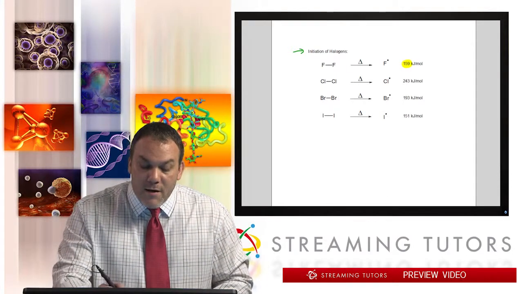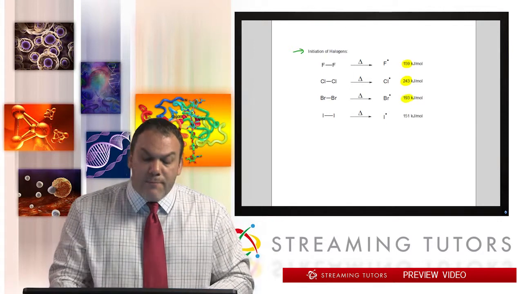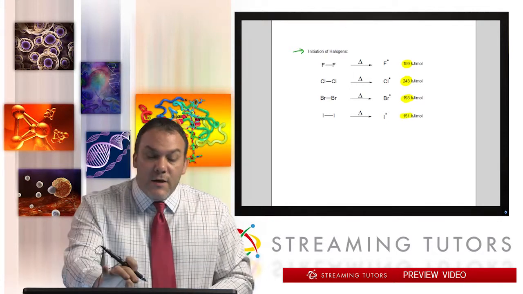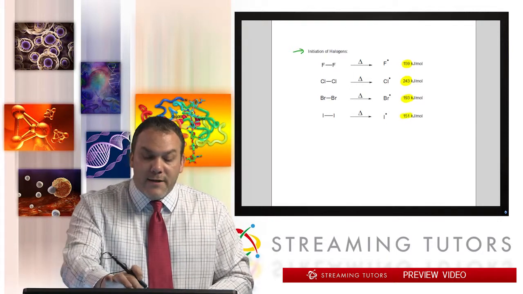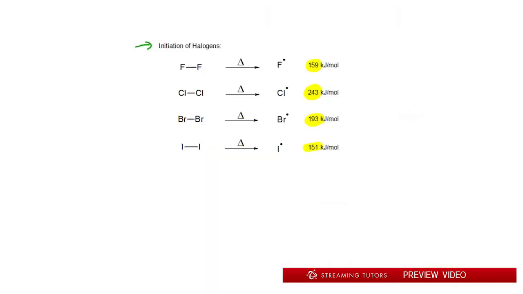Whereas if you look, chlorine has the highest number, followed by bromine, followed by iodine. So well, actually followed by fluorine, then iodine. So if I put this pattern together, we would think that the one that requires the most energy is Cl. So the Cl radical, to make that, is the most endothermic, it requires the most energy, right? More so than the Br radical, more so than fluorine, and more so than iodine.